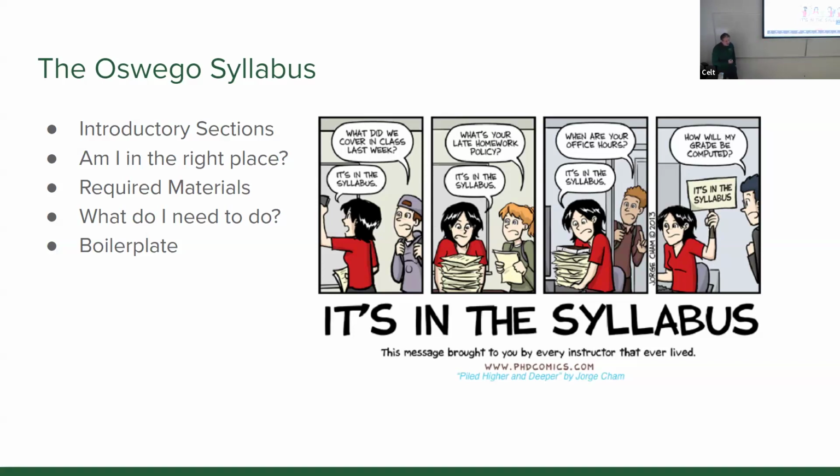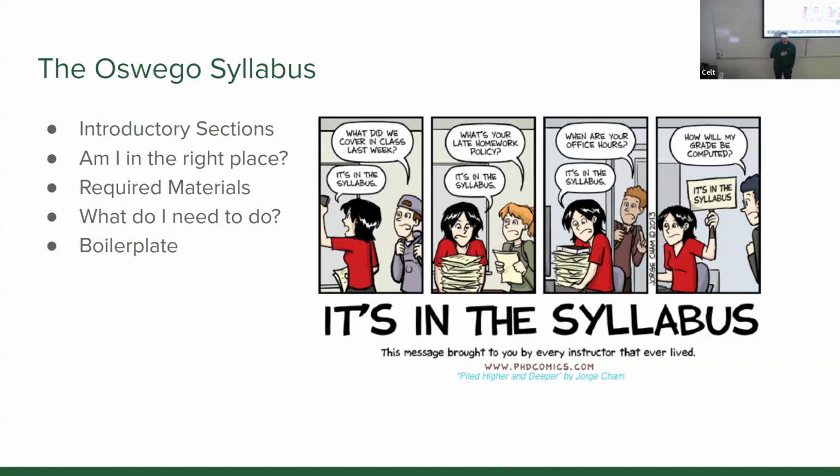Required materials, almost always, this is just going to be the text. The only thing that I really want to highlight here is that you need to let the students know upfront about any expenses that they will incur in the course. So pretty much the worst thing you can do to a student is halfway through say, oh, by the way, it's going to be $30 to do this particular activity.